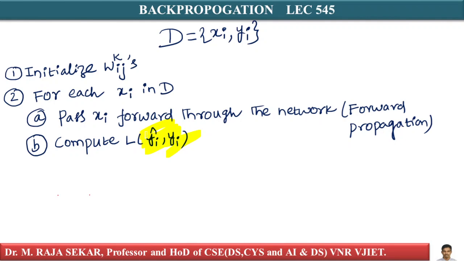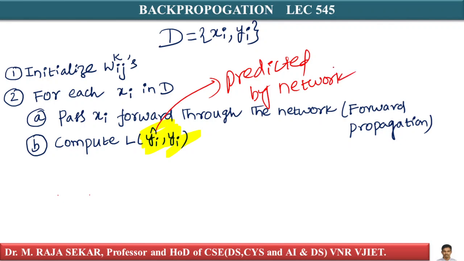Here yi cap is what is predicted by the network, your neural network, whereas your input is xi, which comes from the data set. That is step number B.